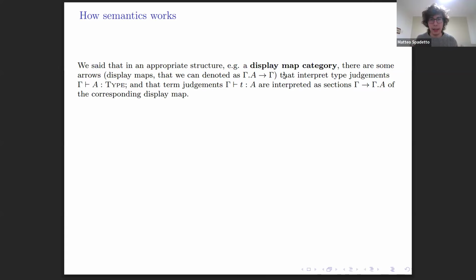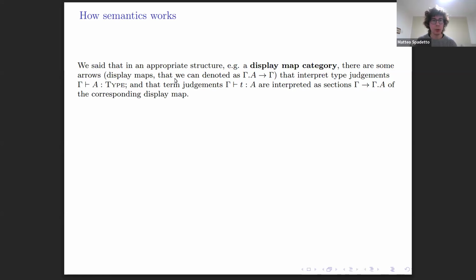For today, I will use the notion of a display map category to talk about these semantic aspects of the inference rules of type theory. A display map category is a category with a terminal object and with a distinguished family of arrows, which are called the display maps.